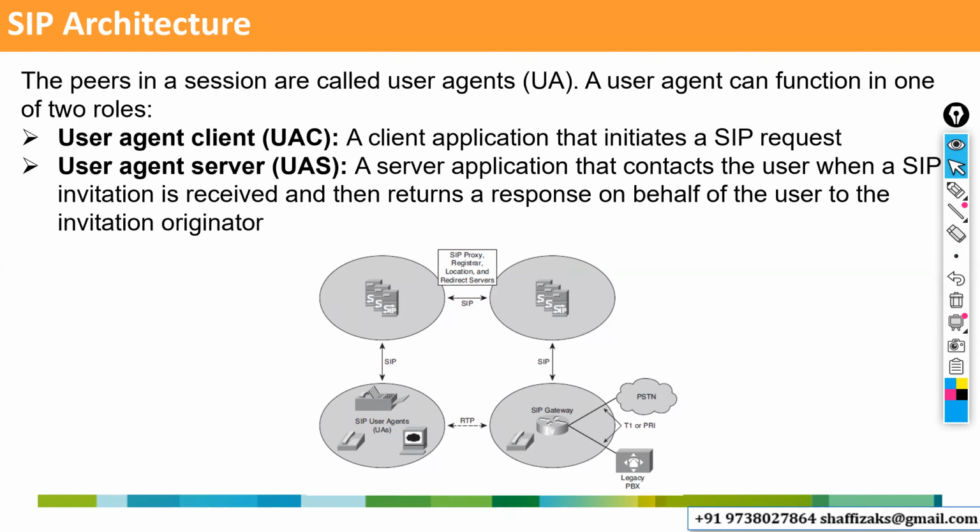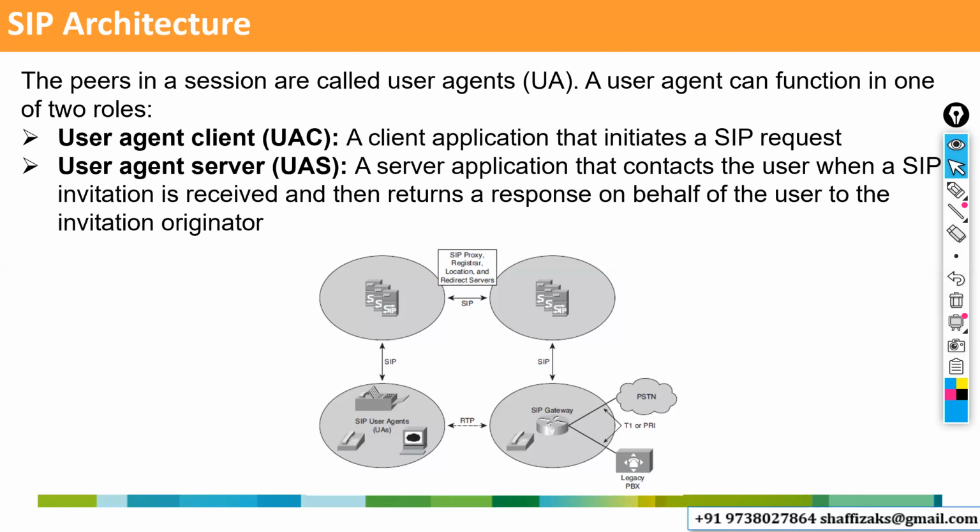Here, the peer means neighbor. One is the user agent client and another one is the user agent server. It can be user agent client and server. It's very simple. Calling party will be client, called party will be server. That's it. We have a concept of master-slave, client and server in the MGCP protocol.